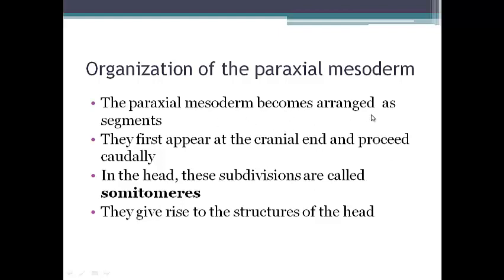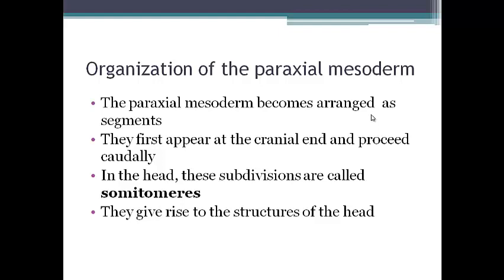If you remember when we looked at the video of the initial development of the nervous system, at the end of the video there were these small square-like segments on either side of the neural tube. These are the subdivisions of the paraxial mesoderm that first appear in the cranial end, near the head first, and then continue caudally down the body.